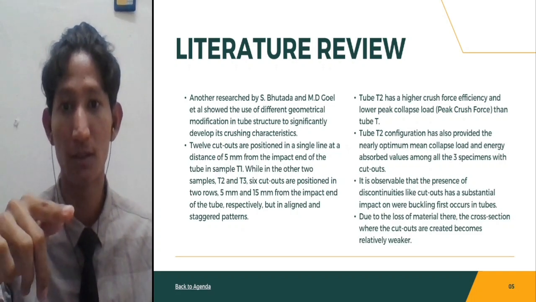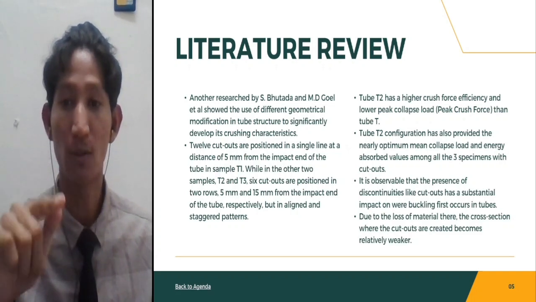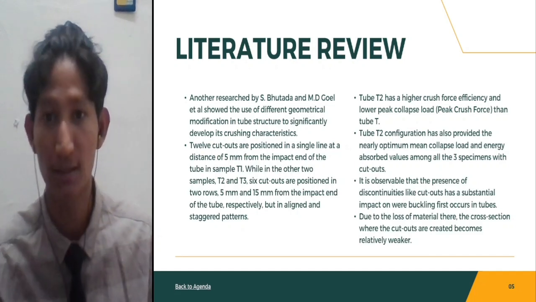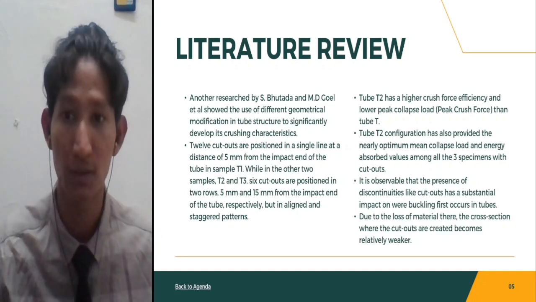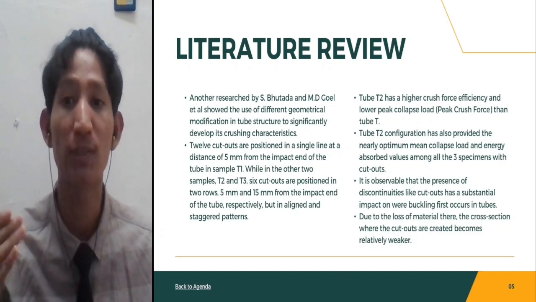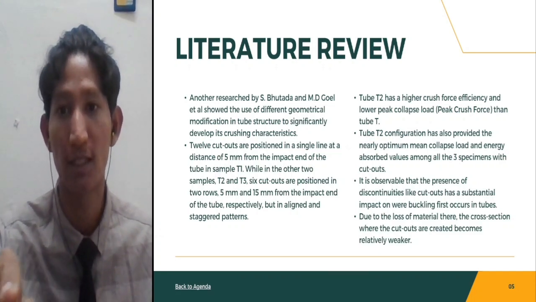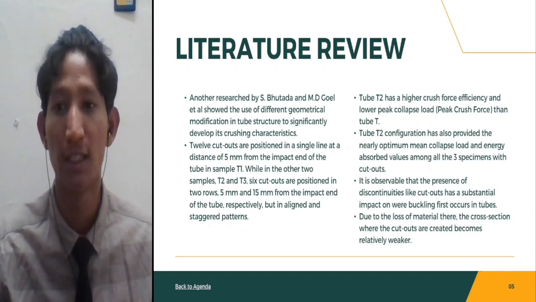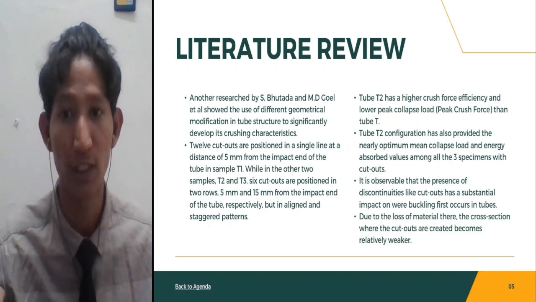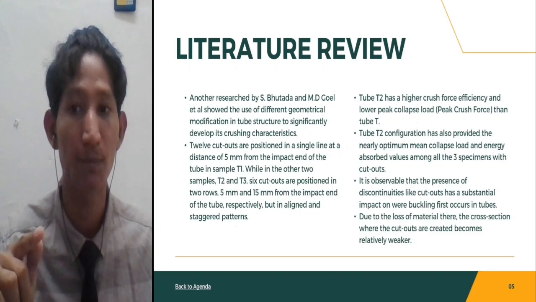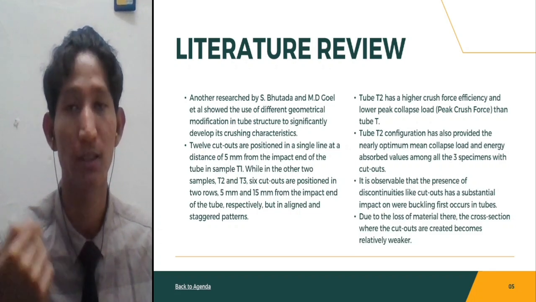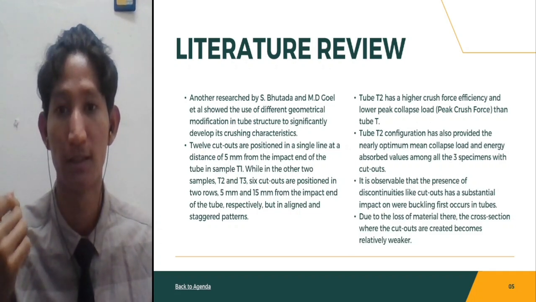So the tube T2 configuration or pattern of window holes provides the nearly optimum mean collapse load, which is average peak crush force, and energy absorption values among all 3 specimens T1, T2 and T3.